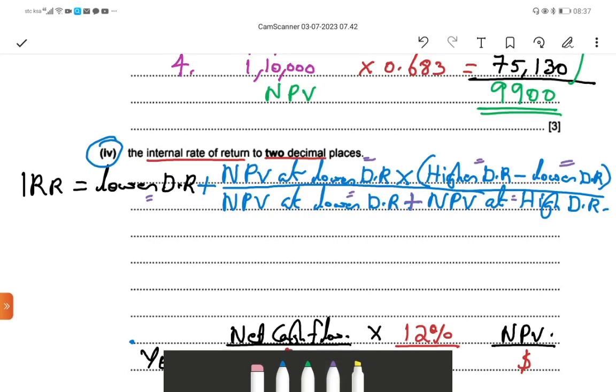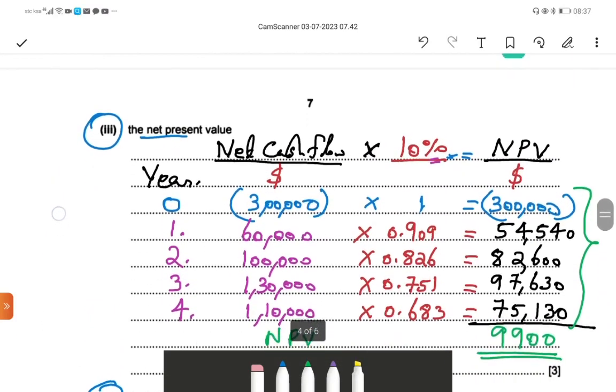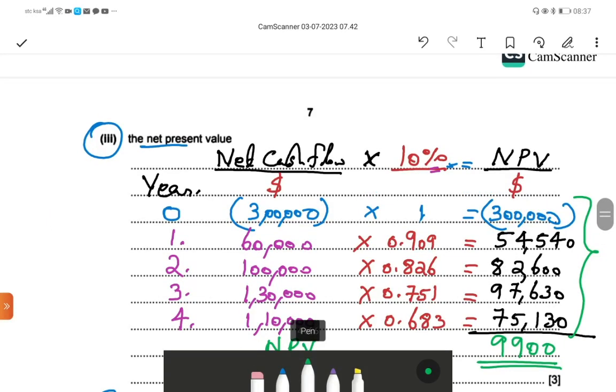We have already calculated the net present value at the lower discount rate, that is 10%: 9,900.